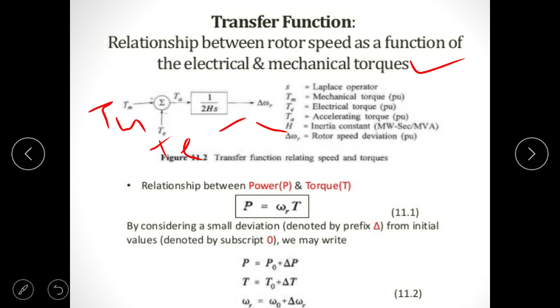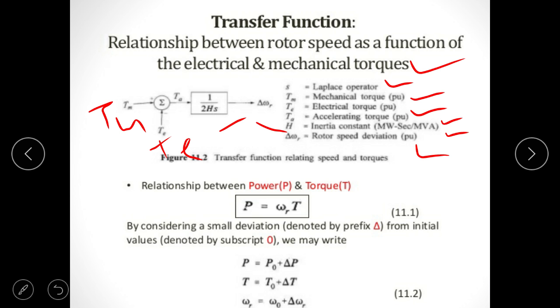S is the Laplace operator. Tm is mechanical torque per unit, Te is electrical torque per unit, Ta is accelerating torque, H is inertia constant, and delta omega R is rotor speed deviation, meaning variation in speed of the rotor.